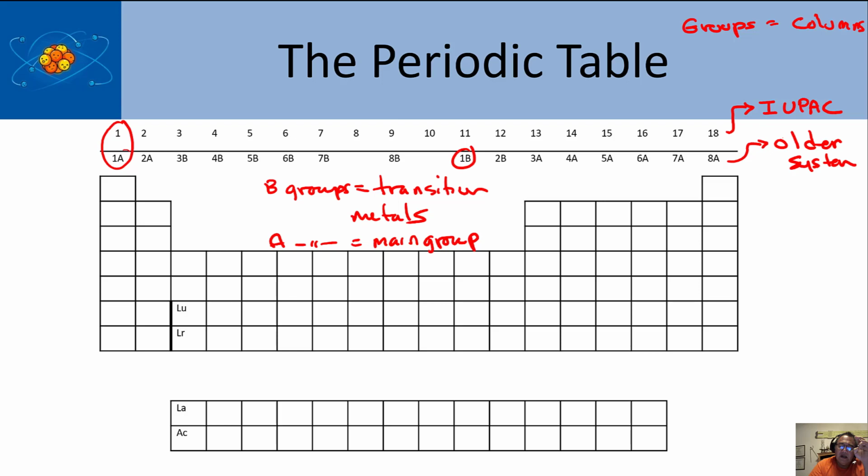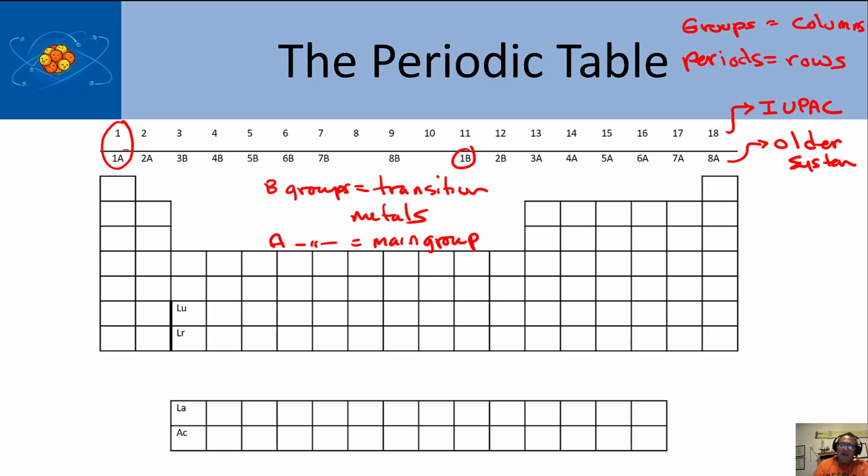And then we have the periods. Those are the rows. So if we're talking about columns and rows like you would in a spreadsheet or in a table, that's essentially what the periods are, okay?